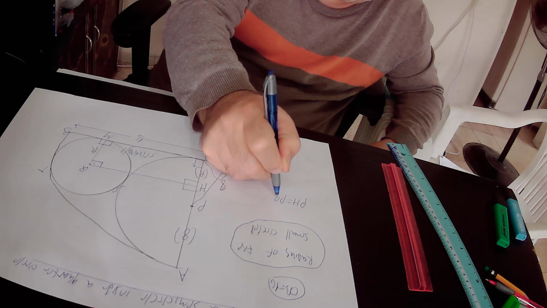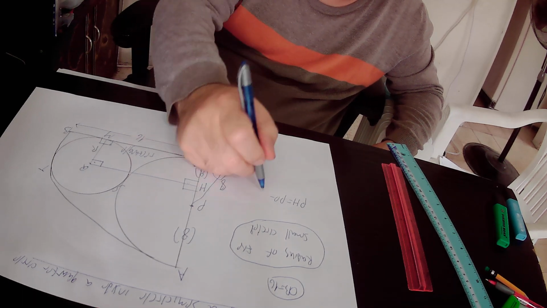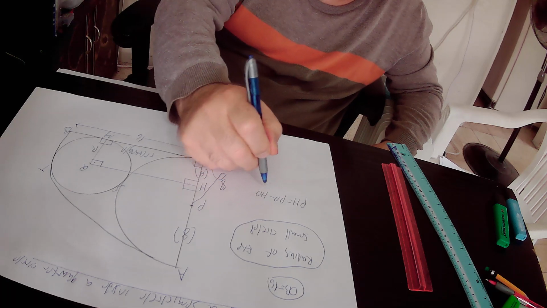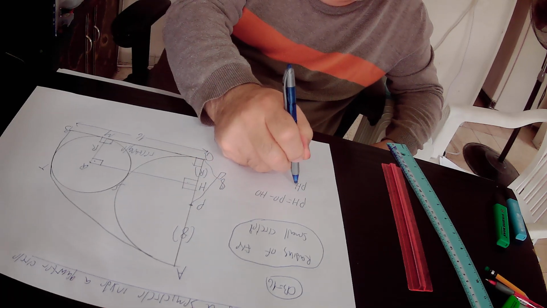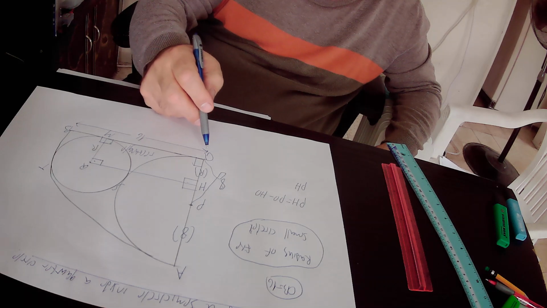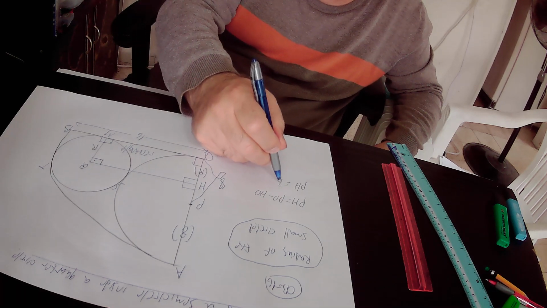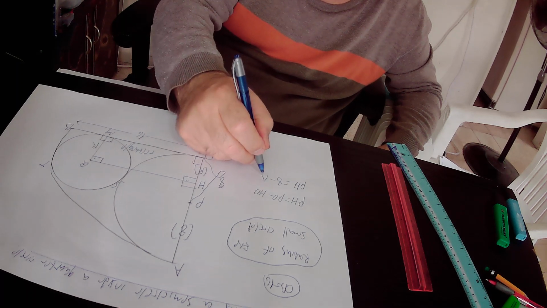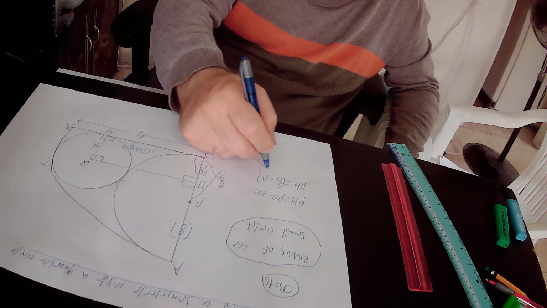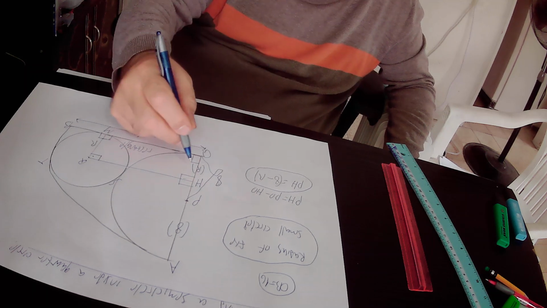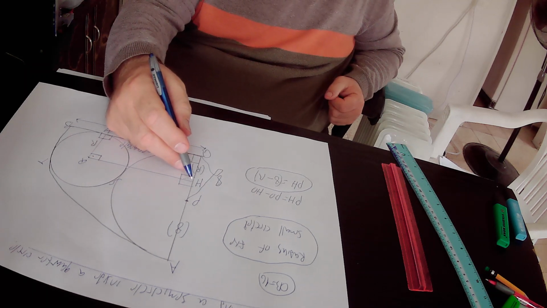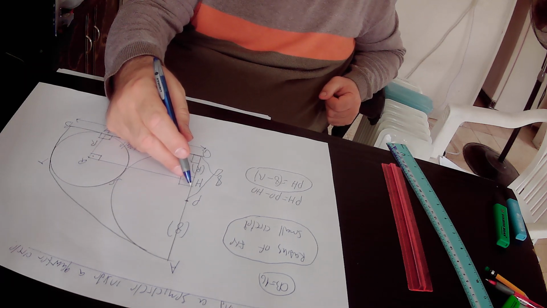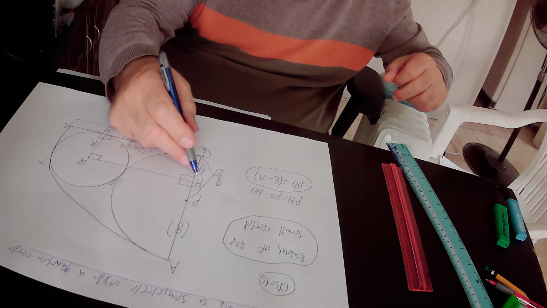PO is 8, minus HO, HO is R. So in total, PH equals 8 minus R units in its length. This is line segment PH, and it equals 8 minus R units in its length.